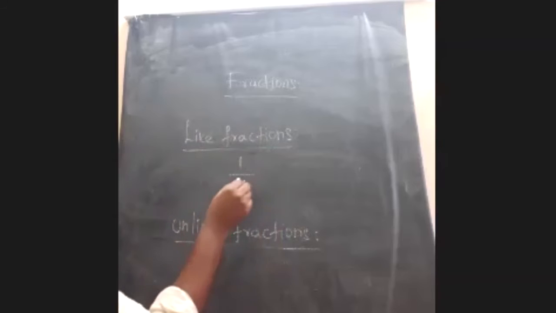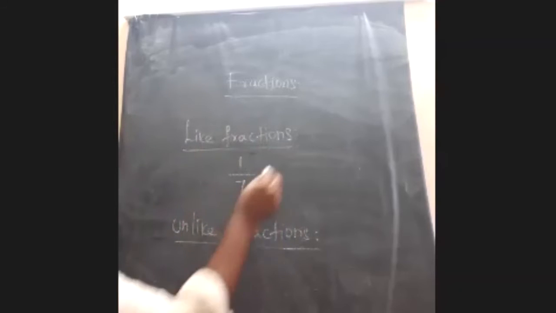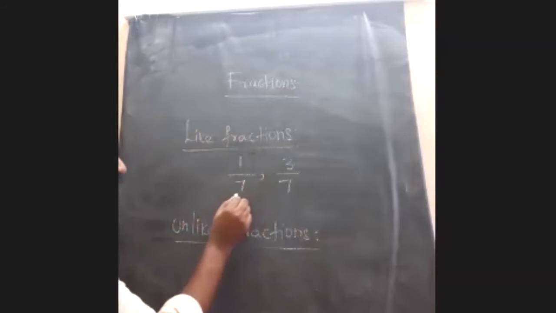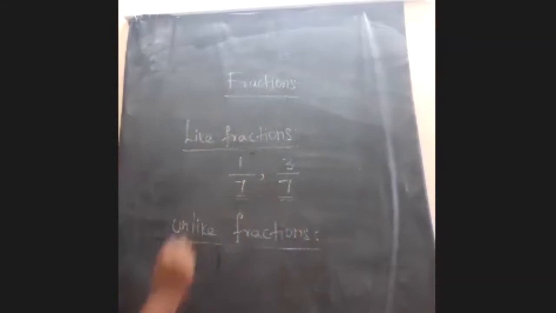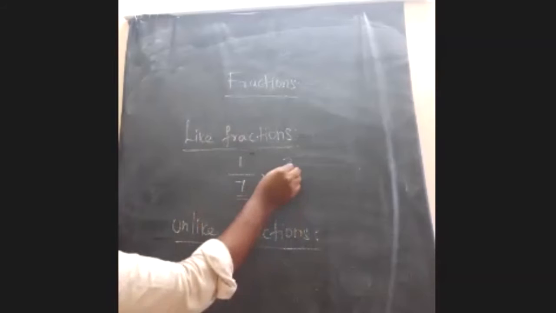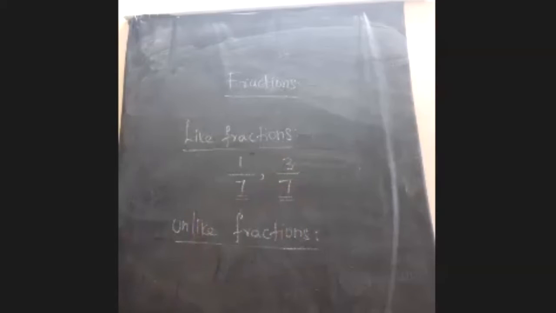So this is 1 by 7 and this is 3 by 7. Look at the denominator. Here 7 is the denominator for this fraction and again 7 is the denominator for this fraction. So if the denominators of any two fractions are the same, then the fractions are called like fractions.